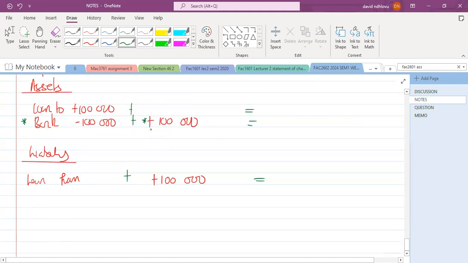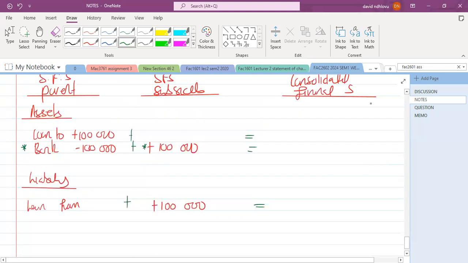So that when I combine these, it will automatically adjust. Remember, I'm now combining this and I'm saying this is the group. And the group must record its bank account combined. In this instance, we took from the left hand and gave to the right hand. But overall, the group's bank account did not change. And this will automatically reflect here.